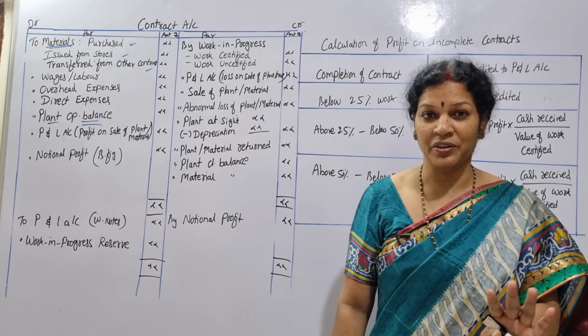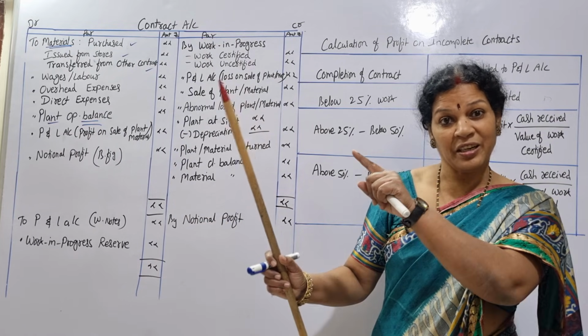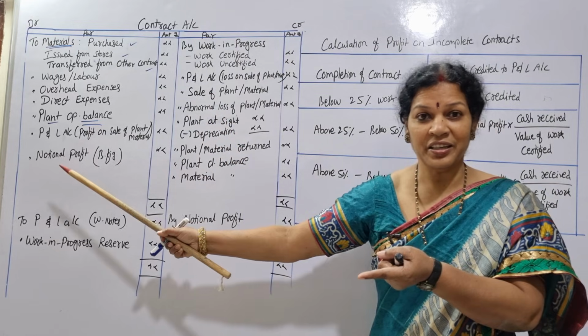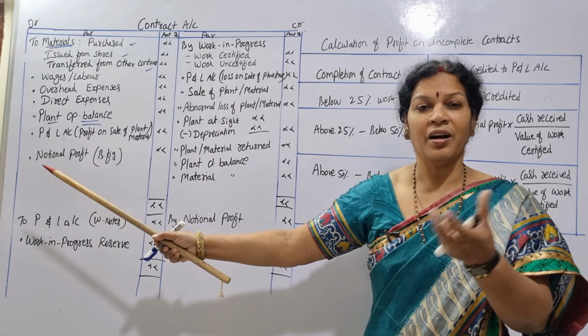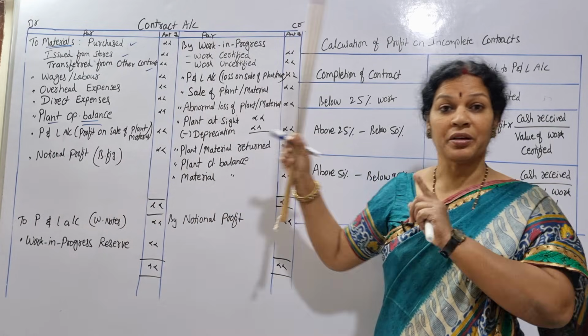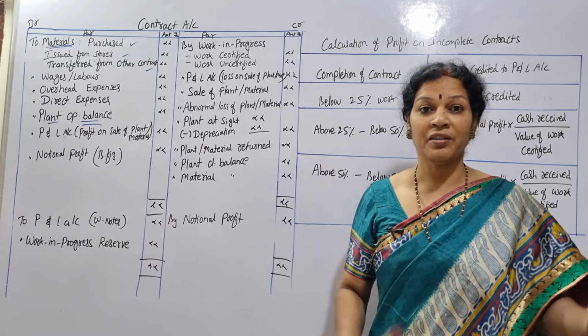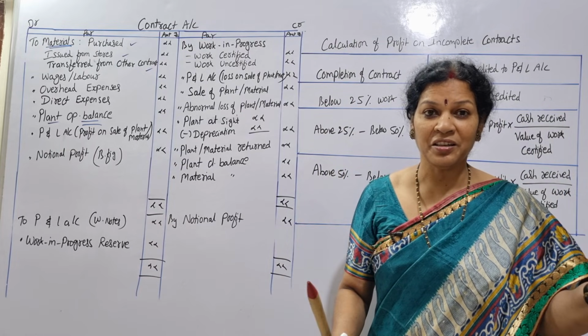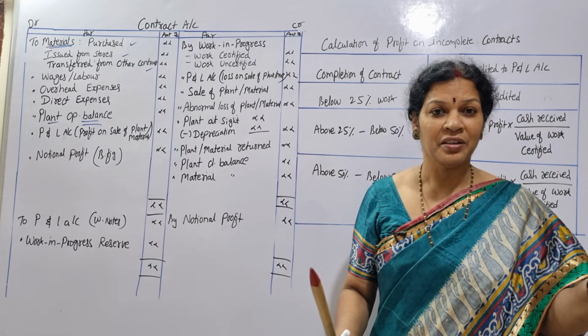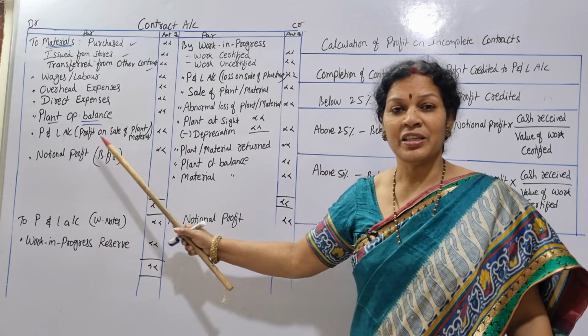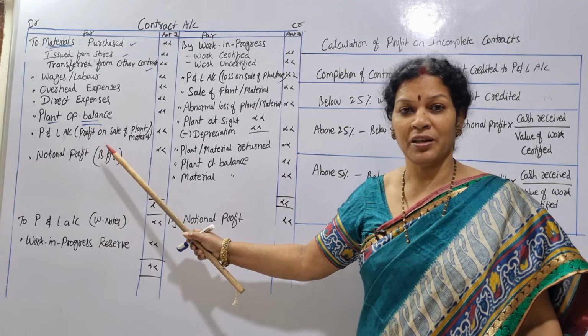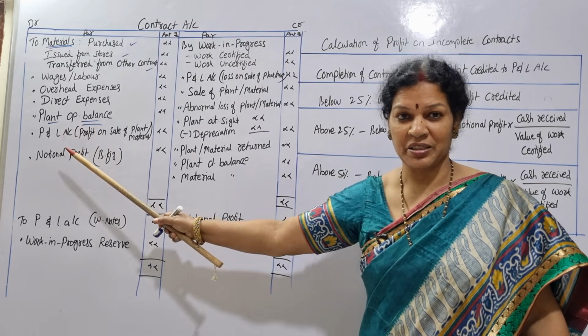Whenever you get a profit, there in the profit and loss account it is on the credit side, here it comes on the debit side. Or you can assume that from debit to credit you are transferring. In the profit and loss account it must be on the credit side only because it's a profit. So that is why profit on sale of material and profit on sale of plant come on the debit side.